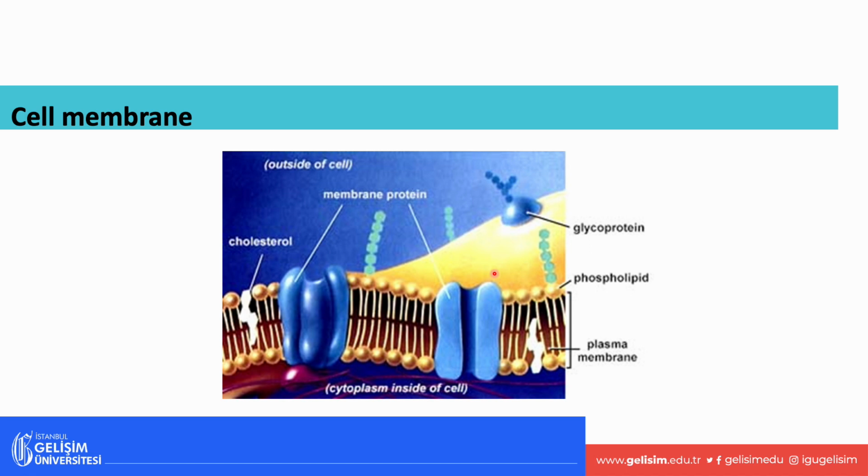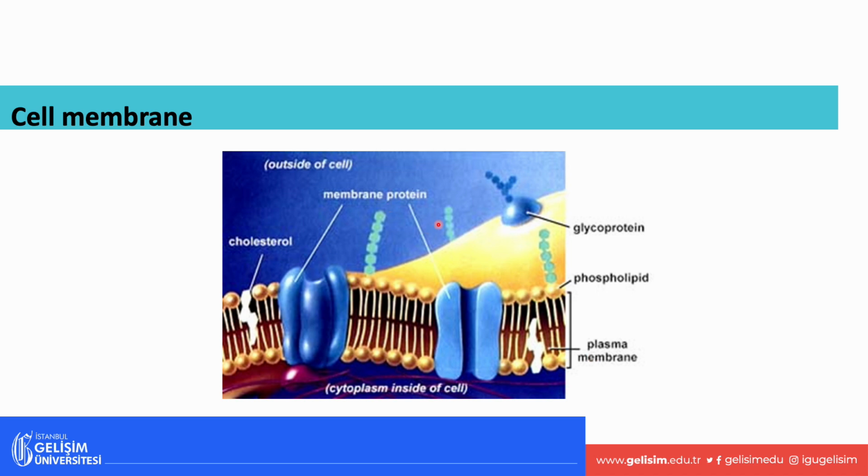Within the cell membrane, we find embedded proteins. If you look over here, we have some of these proteins that end up going entirely across the plasma membrane, because again, remember, this is a phospholipid bilayer, right? So you've got one layer over here on top, and the other layer is down over here.